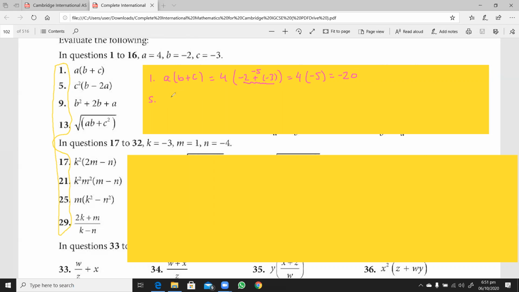Okay. Fifth. This is c squared into b minus 2a. Now c squared. Now this should be your norm, that you see that this c is minus 3. So when you square this it has to become positive.